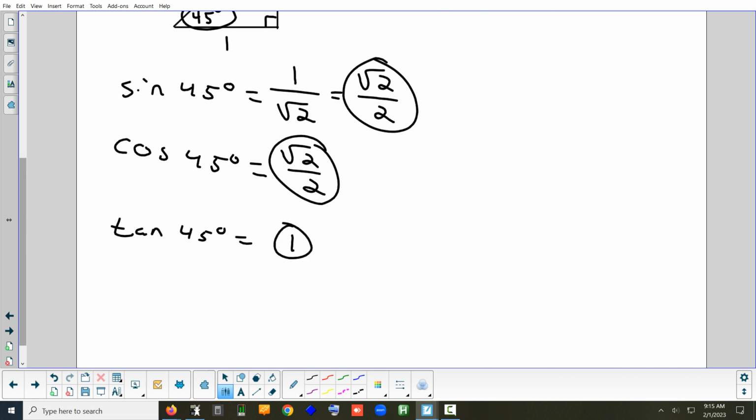Okay, while we're here at the tangent, let's do the cotangent, because that's the only one that's not a fraction. So it's going to be the easiest one to just get out of the way. Eli, once I have the trig functions on the left, what do I do with them to get the ones on the right? You flip them. So what do we get when we do cotangent? 1. 1 stays the same.